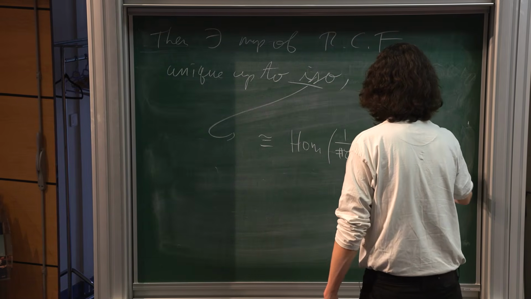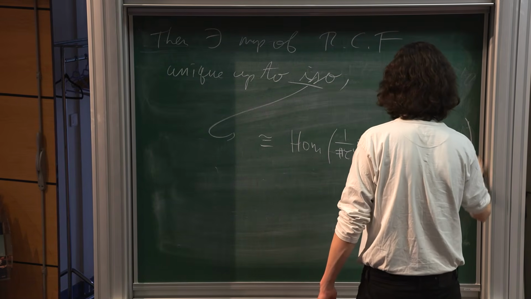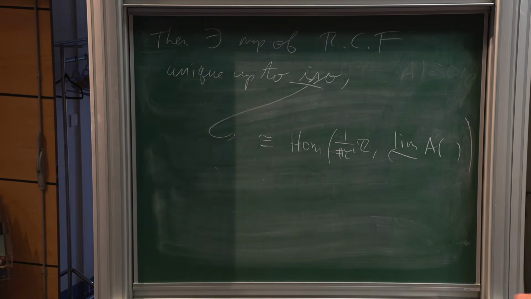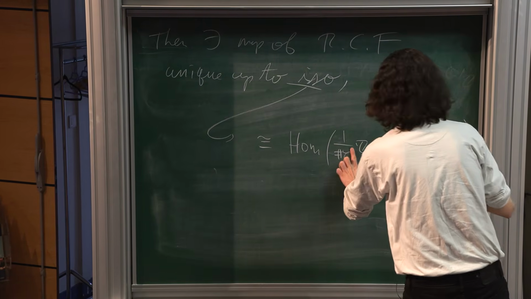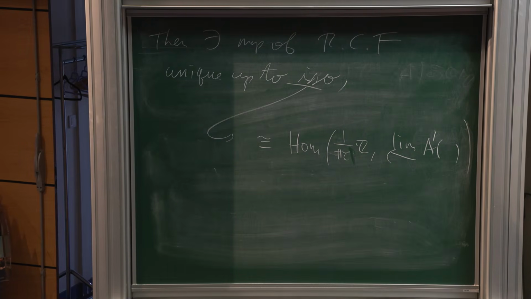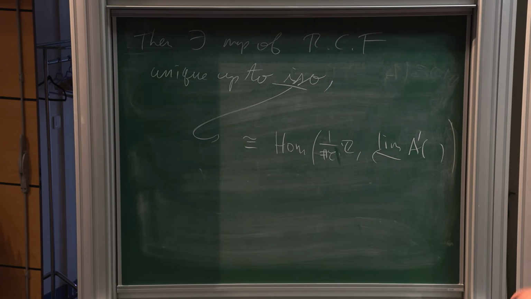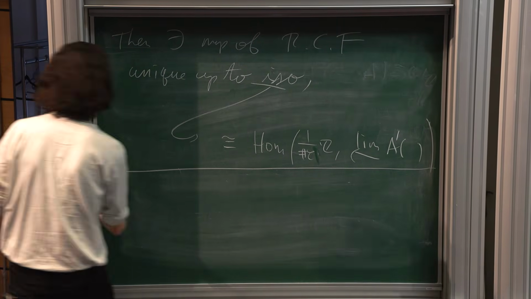And then you'll have some inverse limit of values. Wait, I might have A and A prime mixed here. So C and then A prime, yeah. Anyway, you have to make some more analysis about this.